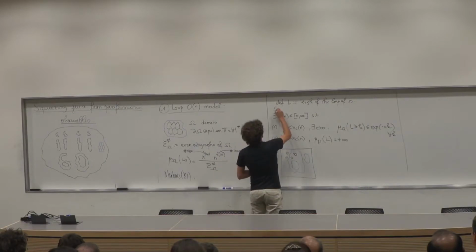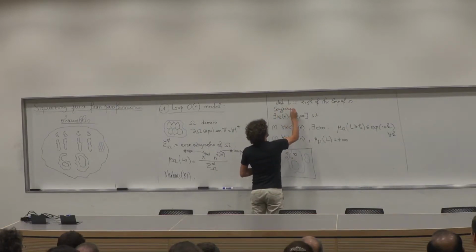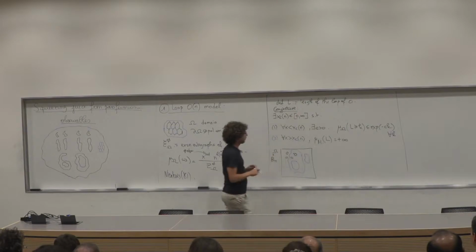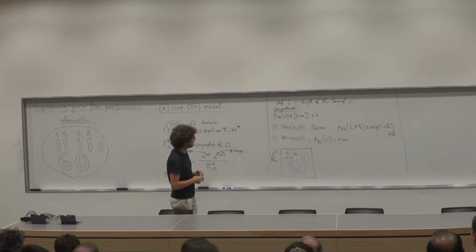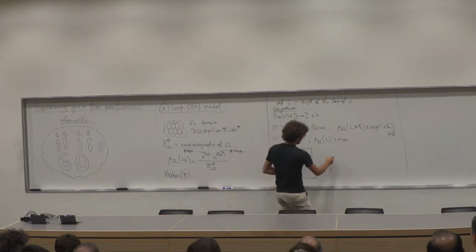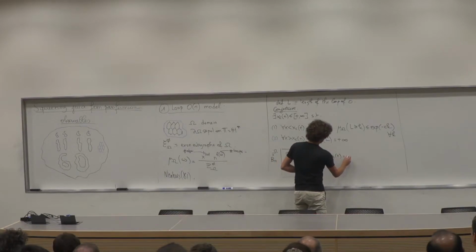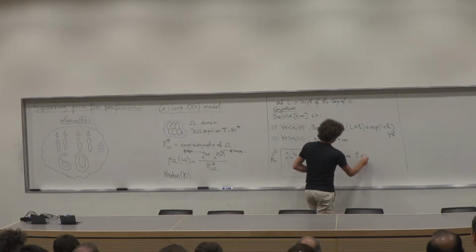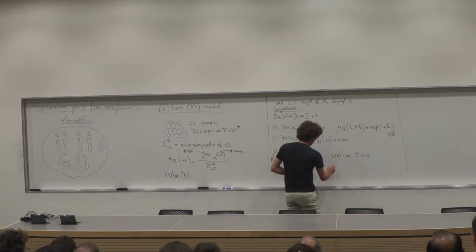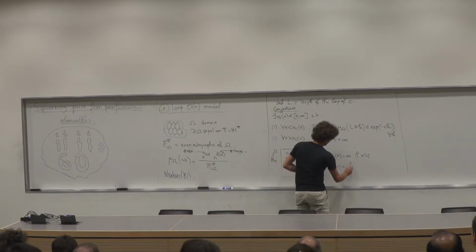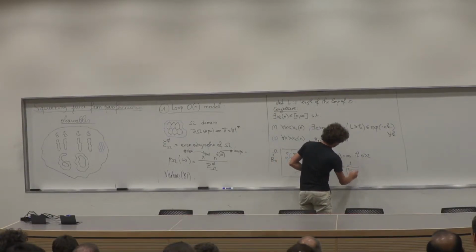So the conjecture is this one, and the conjecture goes even farther. Nienhuis predicted that xc of n should be infinity if n is larger than 2, and should be 1 over the square root of 2 plus the square root of 2 minus n. Do not run, please.